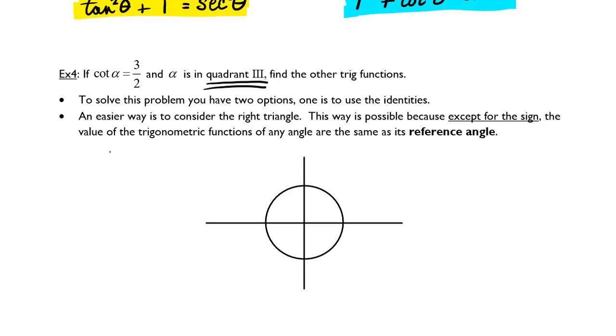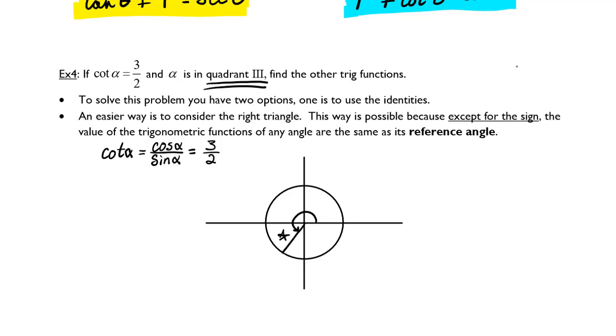First, I need to remember that cotangent of alpha is equivalent to cosine of alpha over sine of alpha, and that it's equal to 3 over 2. We also know that alpha is in the third quadrant.